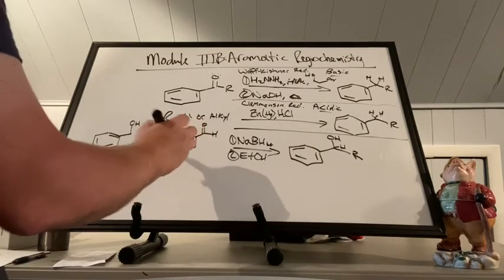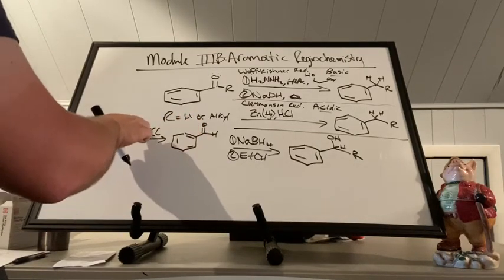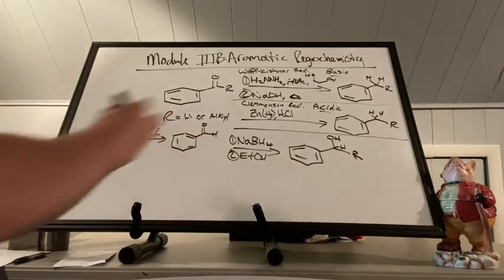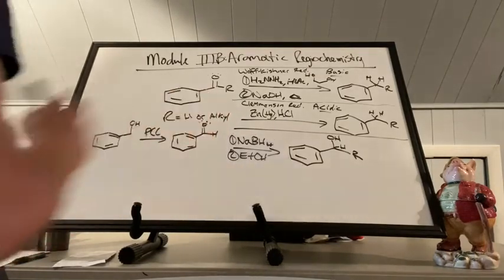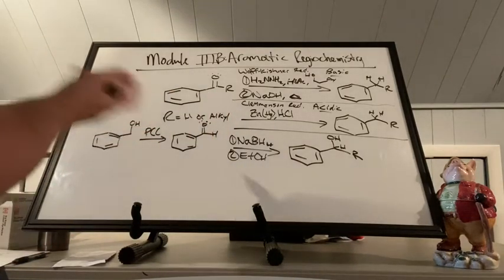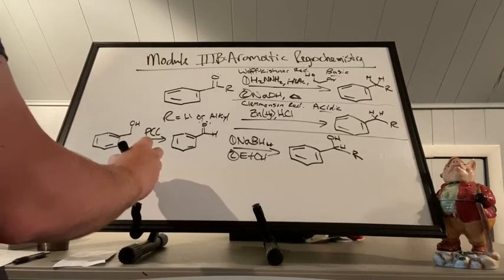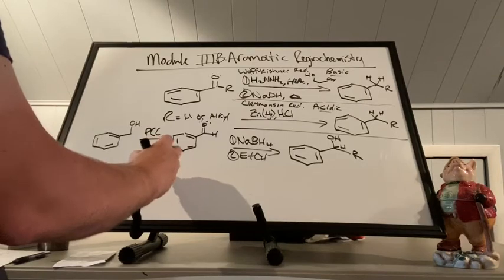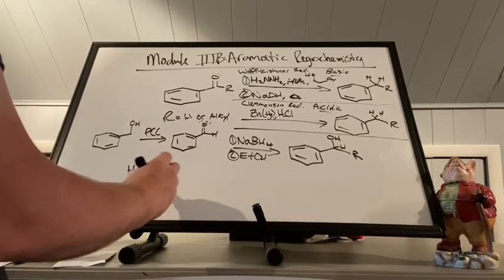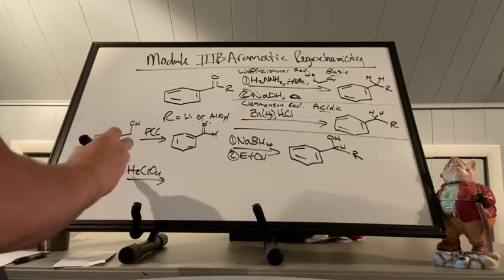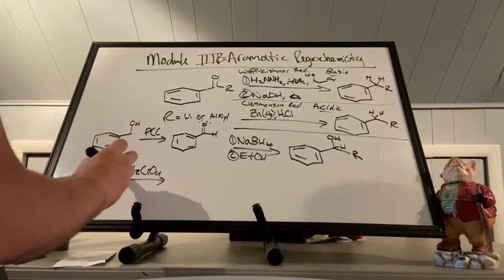Essentially it just removes two hydrogens, one from here and one from here. You have a CO double bond. Aldehyde. Chromic acid's a little bit of a different story. So, using the same substrate here.